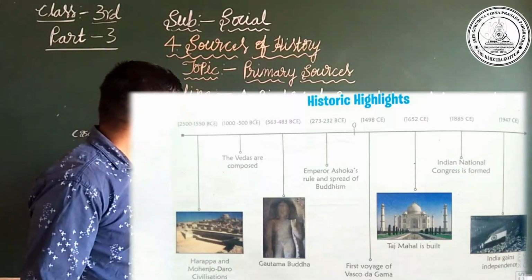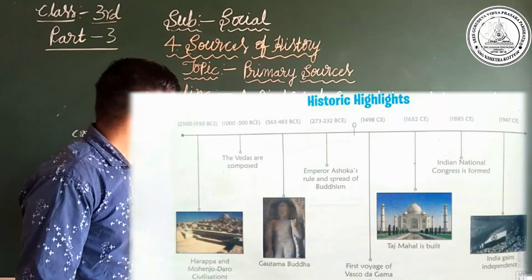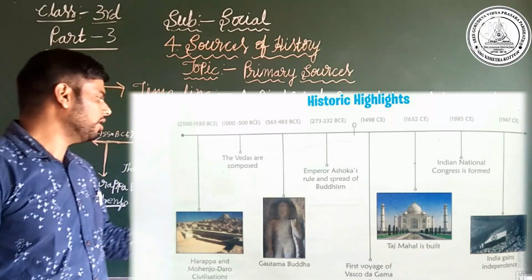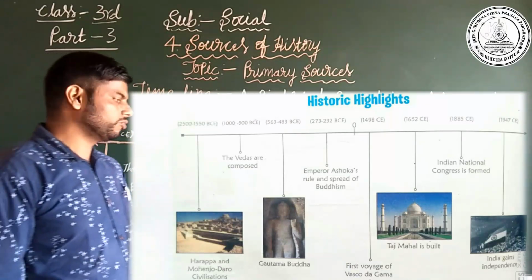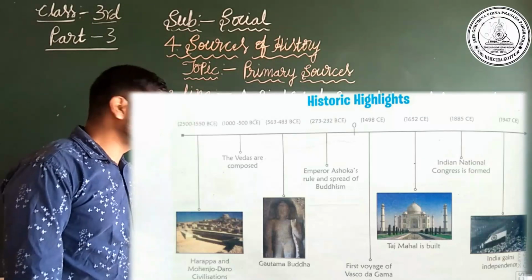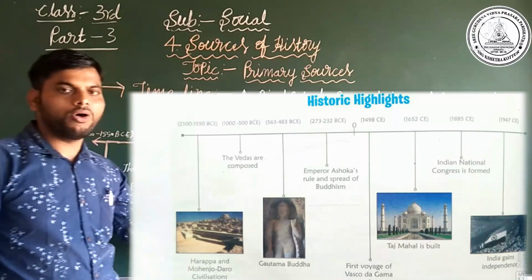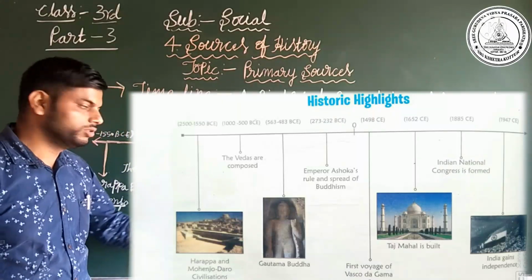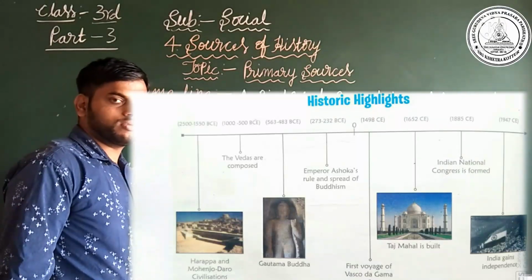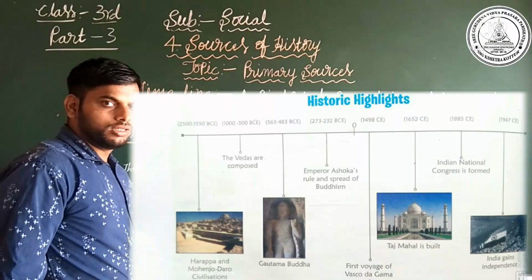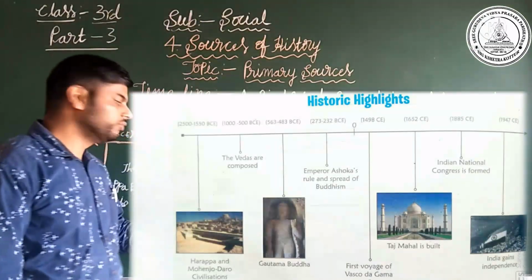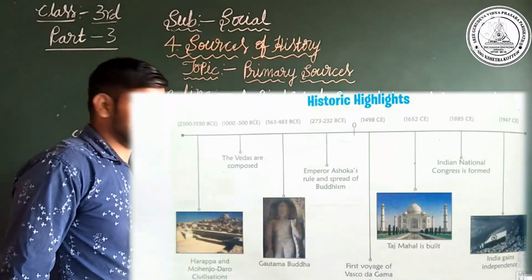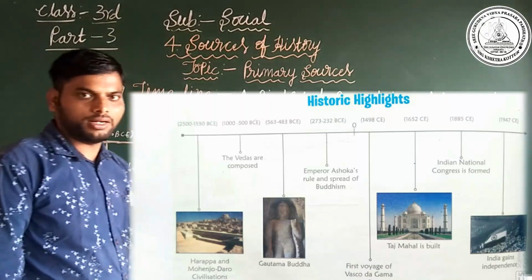Then 273 to 232 is the period of Emperor Ashoka's rule and the spread of Buddhism. He was a follower of the Buddhist religion. After the Kalinga War, he embraced Buddhism. We will learn this in your higher classes.